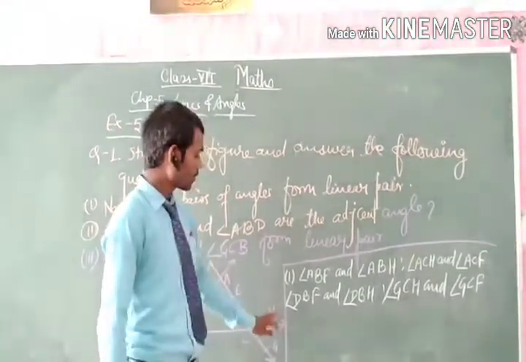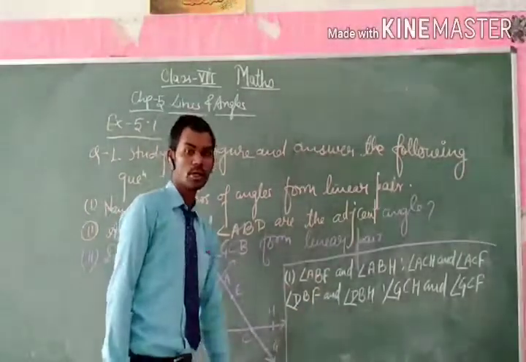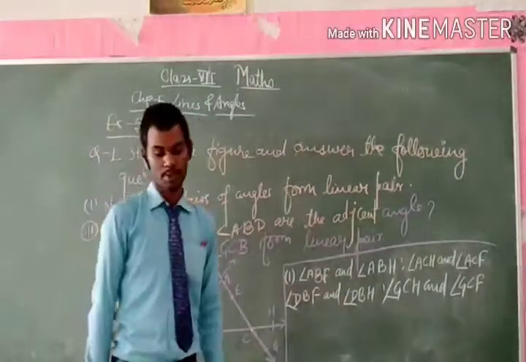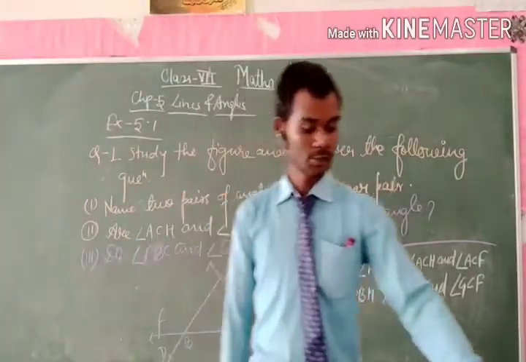Hence, in this way, we find two pairs of linear pairs. I hope it is clear to everyone.